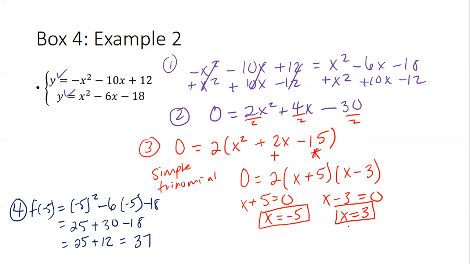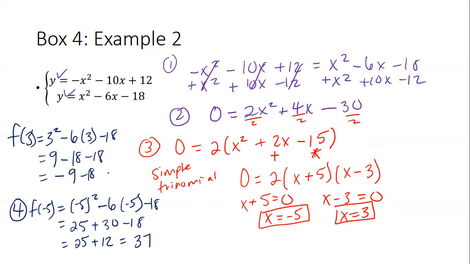And now I have to do f of 3. So f of 3 equals 3 squared minus 6 times 3 minus 18, which gives me 9 minus 18, which equals negative 9 minus 18, which equals negative 27.